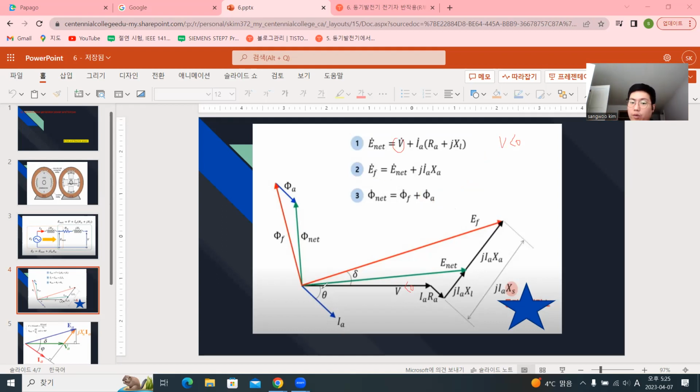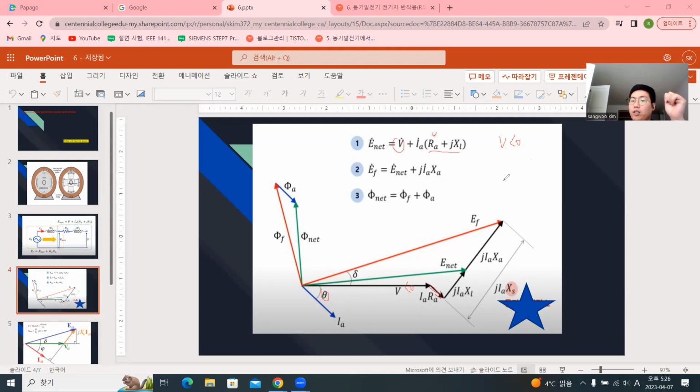This is the theta between them. And there's an R and a JX, right? When you draw it, R has to be smaller. The resistor is in phase with the current, so that's why I add RA here.